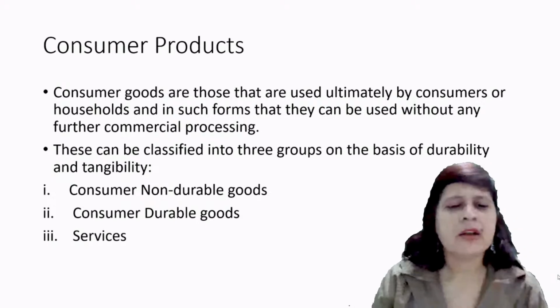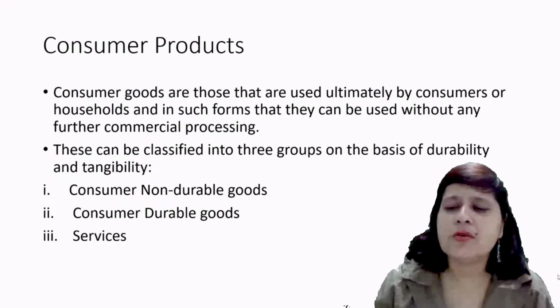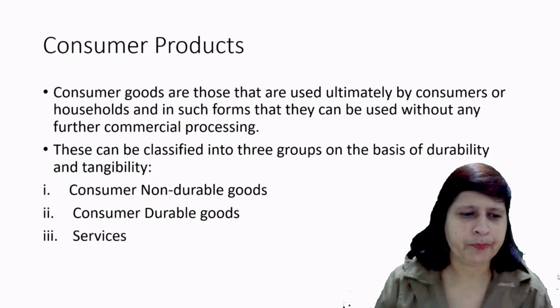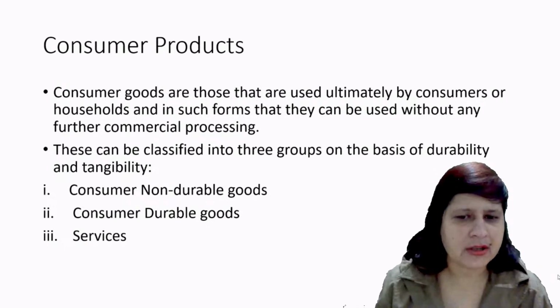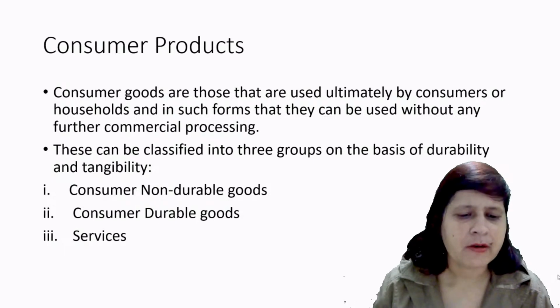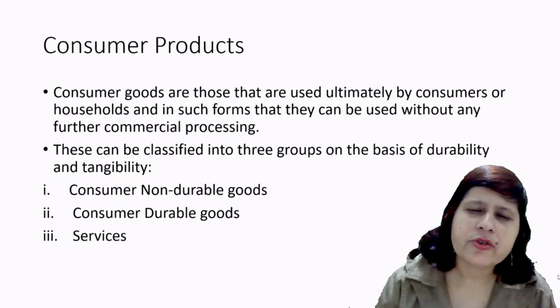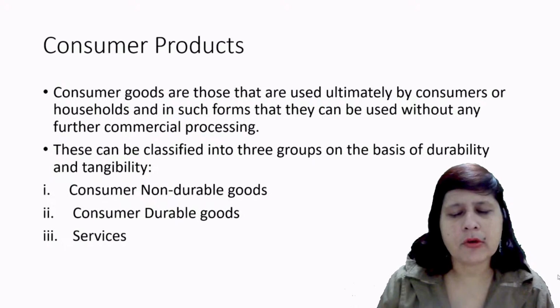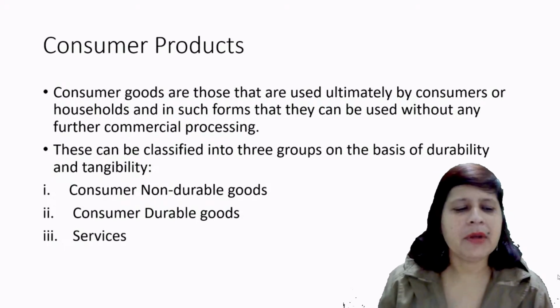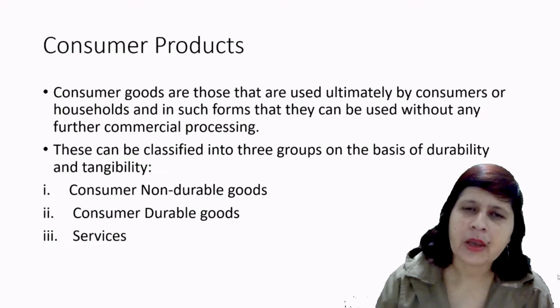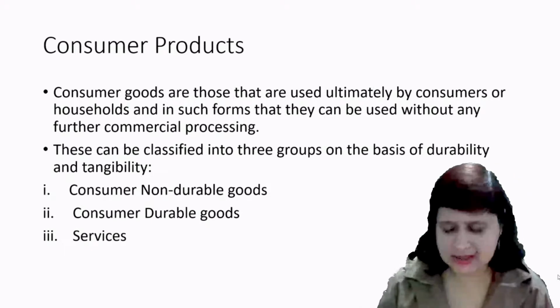So that is what consumer goods are, those which are used by the consumer or household, right? And in such form they can be used without any further commercial processing, right? Then these consumer goods can be divided into three on the basis of durability and tangibility: consumer non-durable goods, consumer durable goods, and services.